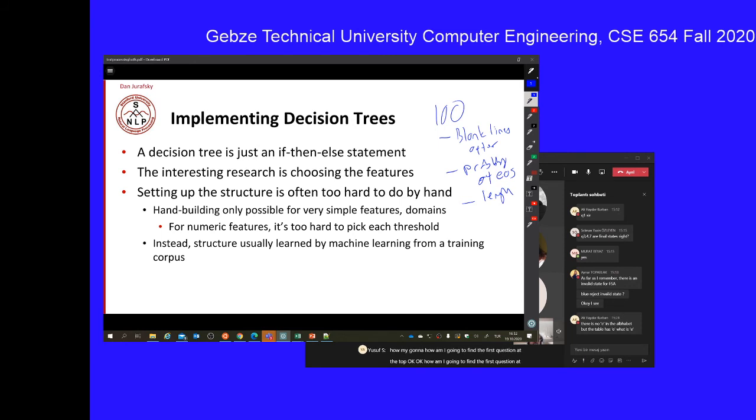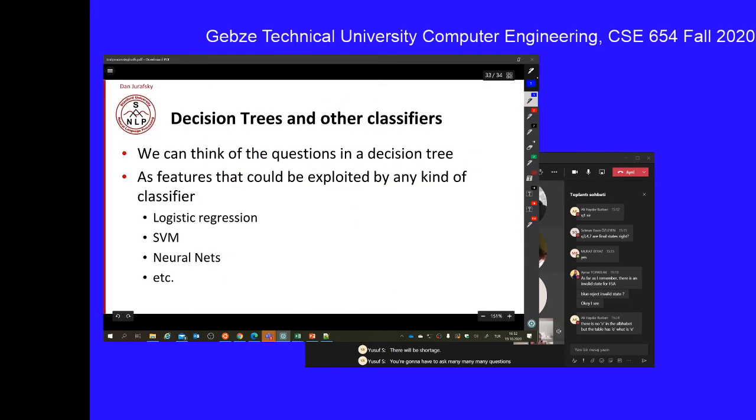For that, there are decision tree building algorithms. They use information theory, they use entropy. They say that if you ask this question first, your decision tree will be shorter. You don't have to ask many questions. This will be the most interesting one.